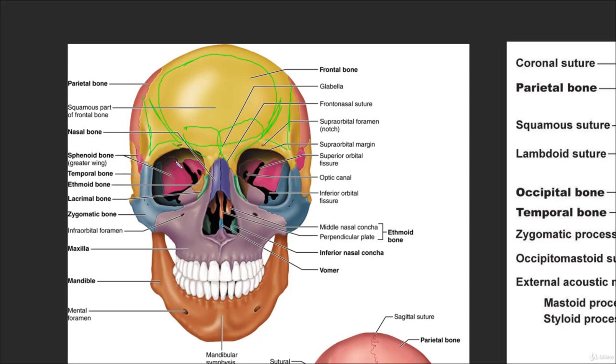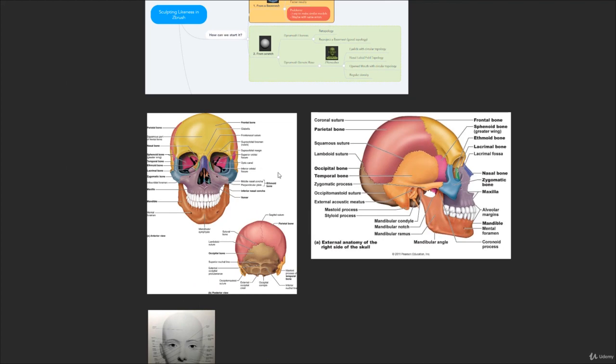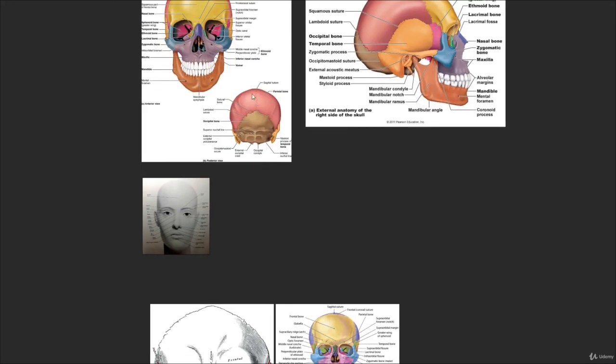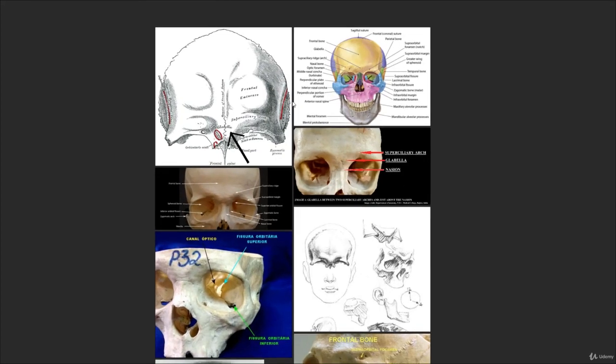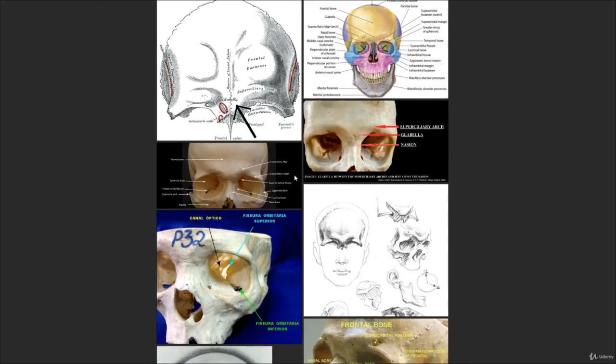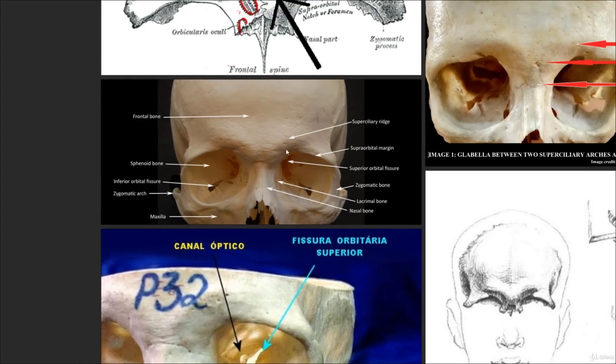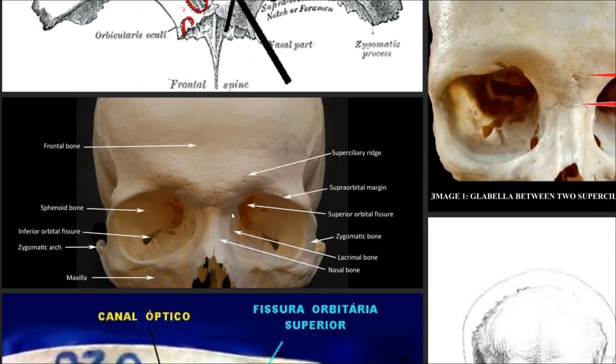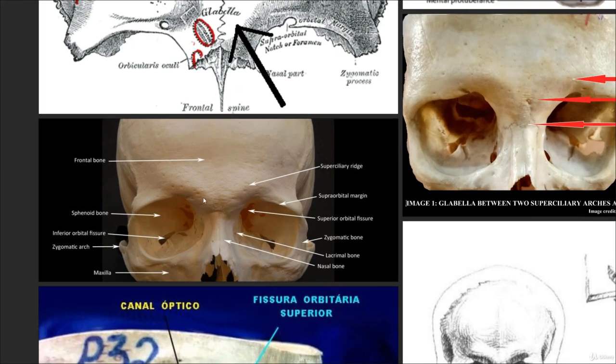Where is it? Yeah, it's not showing in this structure, but I've separated it here. The arches are this part here. It's like a prominence that we have between the two orbital fossa. The orbital fossa, I mean, these holes for the eyes, right?